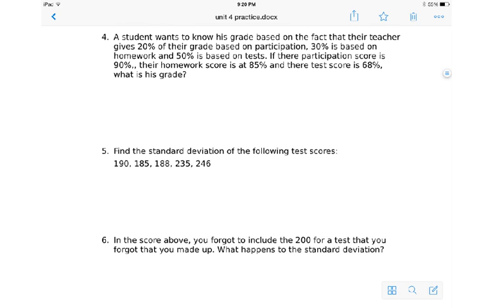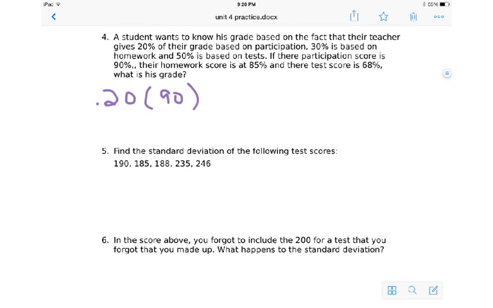So we know from this problem that 20% of the grade is participation. So that means you're going to multiply 20% times the participation grade, which they told me was 90. The only percent that gets turned into a decimal is the 20% because their percent for the participation is 90, so we want to find out what 20% of that percent is.